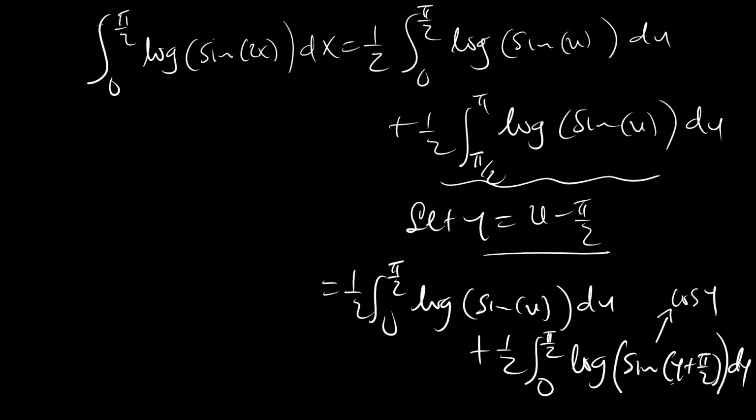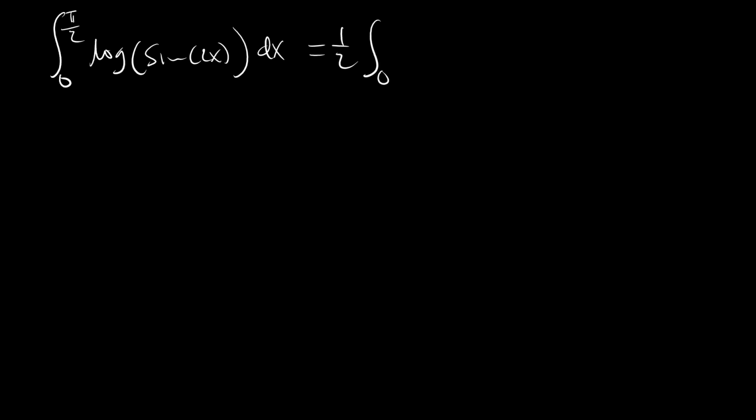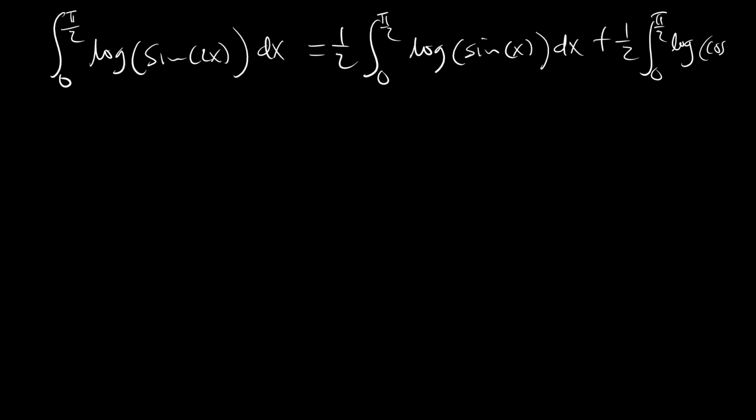So what we've learned here is that the integral from 0 to pi over 2 of log of sine of 2x dx is equal to a half the integral from 0 to pi over 2 of log of sine of x plus a half the integral from 0 to pi over 2 of log of cosine of x.